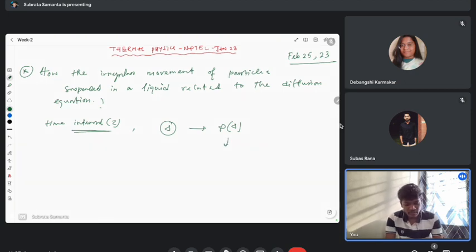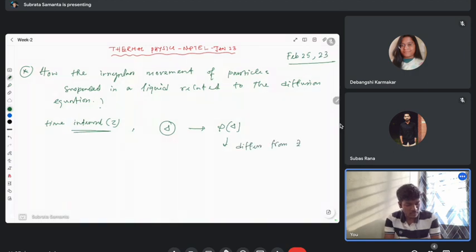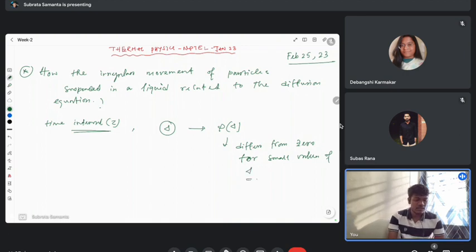We also make the further assumption that phi delta goes to zero very rapidly. It differs from zero only for small values of delta, and when delta is large, phi delta goes to 0.